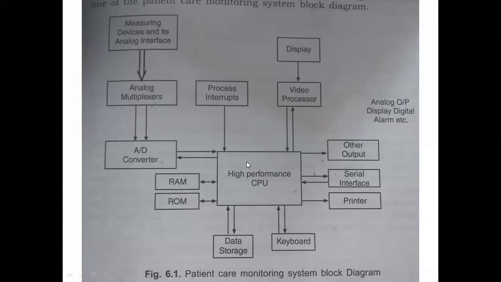If required, it can also provide output in the serial interface. We can also connect it to other devices. It also provides output to storage and video processing, and it can be connected to other output devices, which may be alarms, analog output, digital display, and so on. These are considered the outputs of the system.